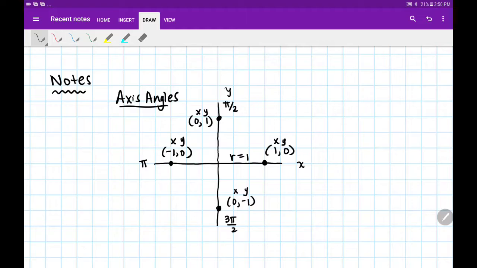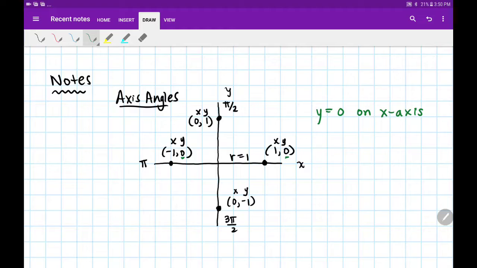So what you notice as we look across this, just to make this homework go a little bit quicker, is that y is always equal to 0 where? Well, y is equal to 0 here and here. It's not going up or going down on the y-axis, so therefore y is equal to 0 always on the x-axis.